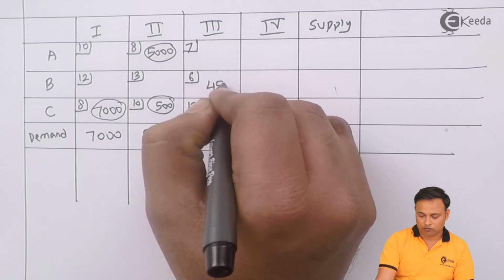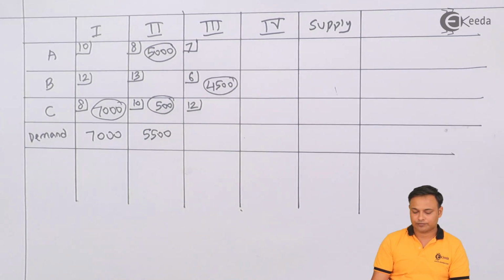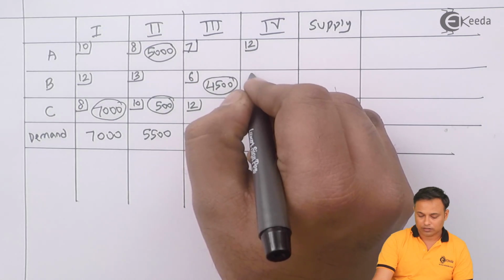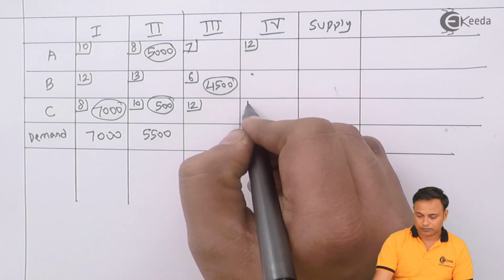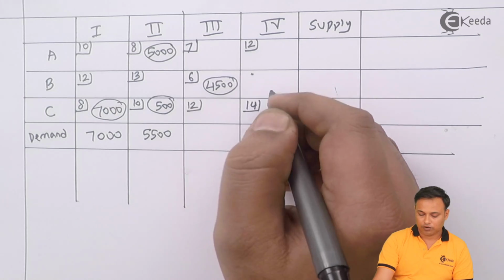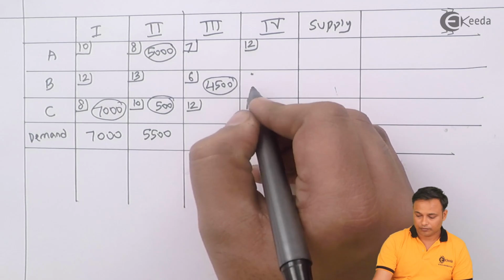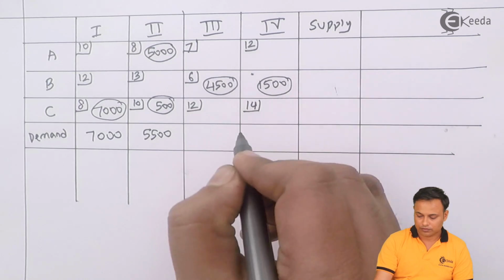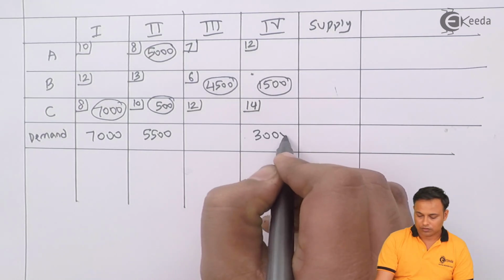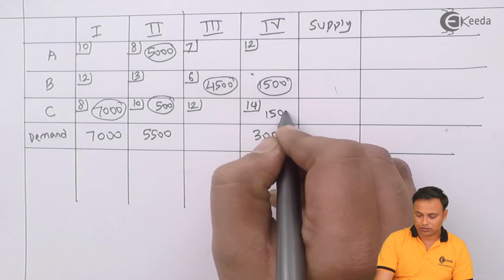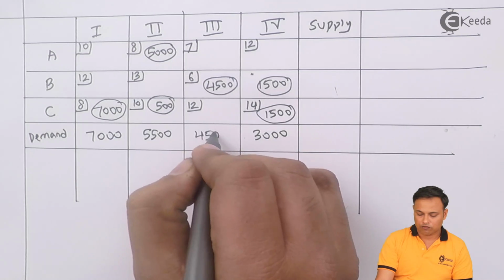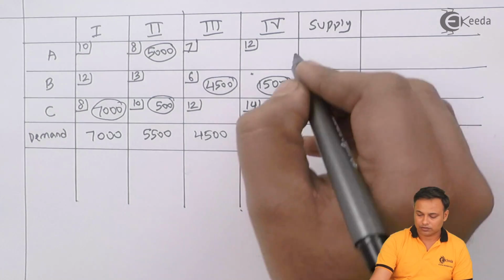At 6 we have 4,500. And then in the last column I have 12, 14, 1,500, 3,000 and 1,500. We have 4,500 here.